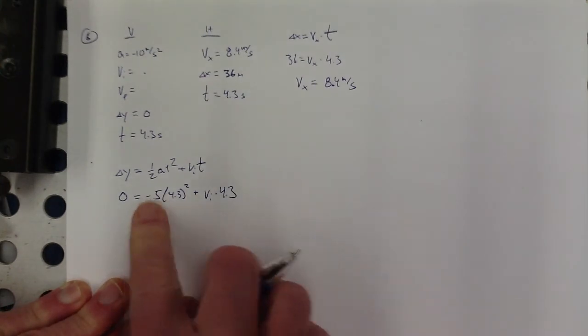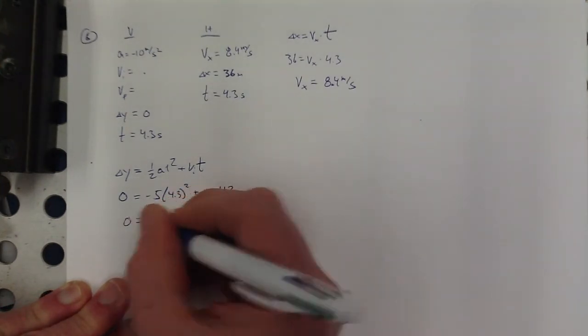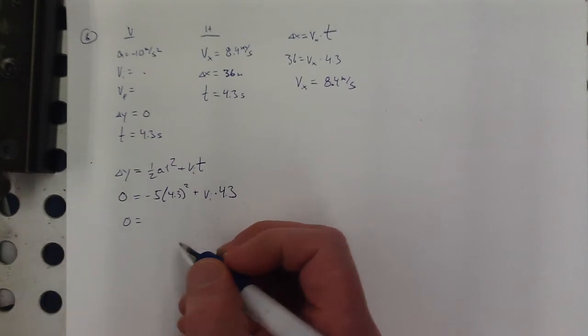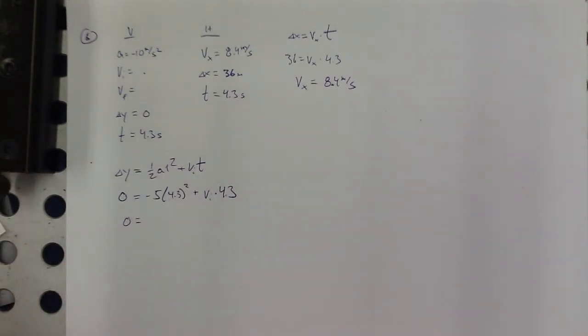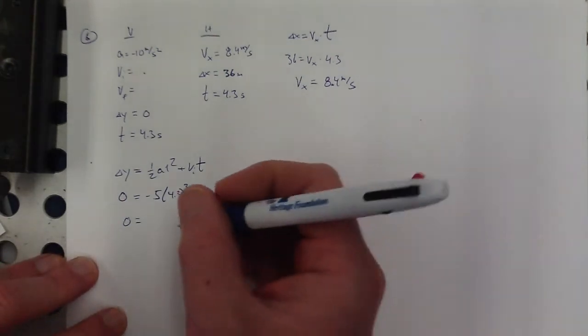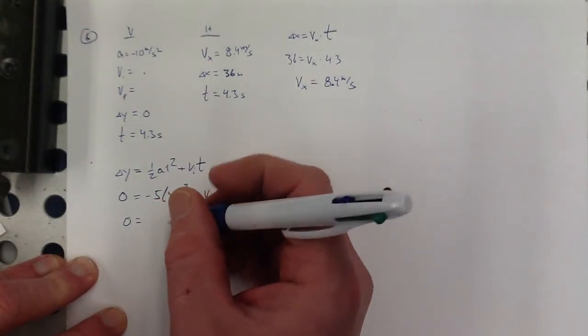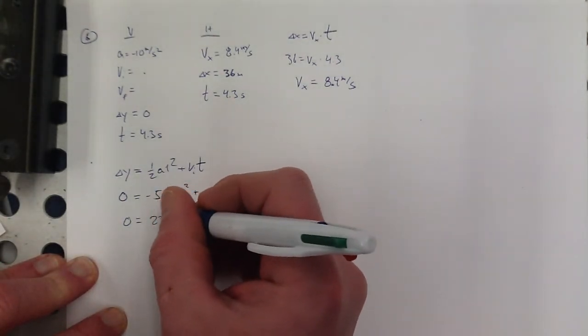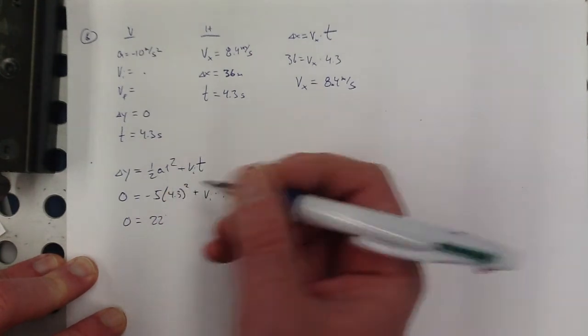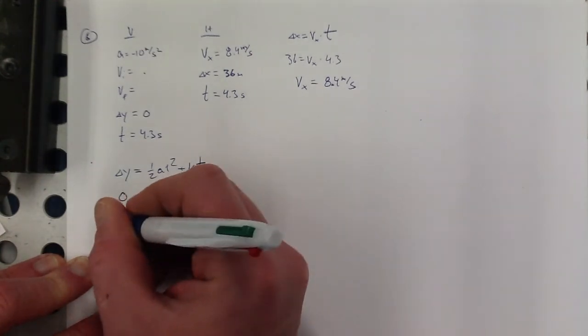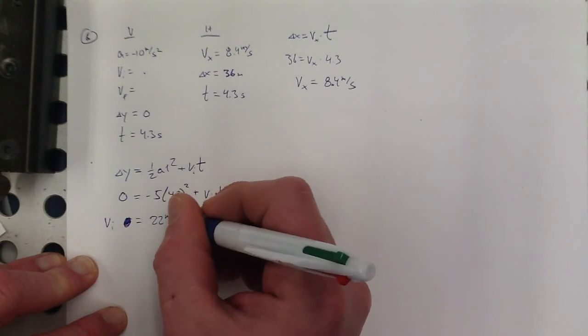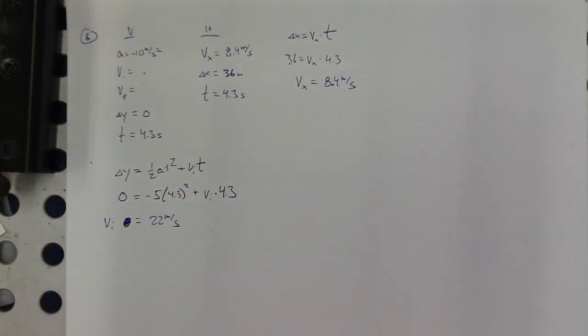Right, so a little bit of algebra here. Should get you that the VI is 22. Oops, didn't want to have that 0 there. VI is 22 meters per second. Okay, now what are we being asked for?